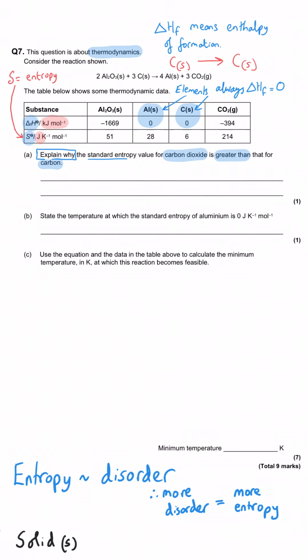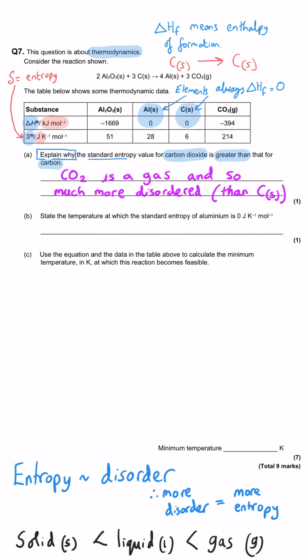And so a solid, which is what carbon is, has much less disorder and so much less entropy than carbon dioxide gas or any gas. And so what you would need to say here is quite simply that carbon dioxide is a gas which is more disordered.